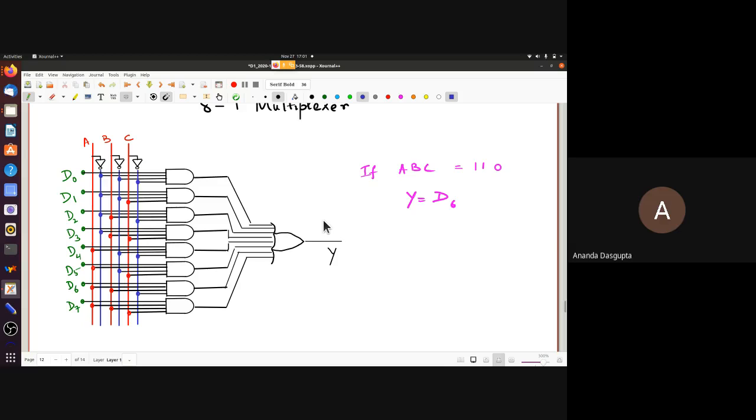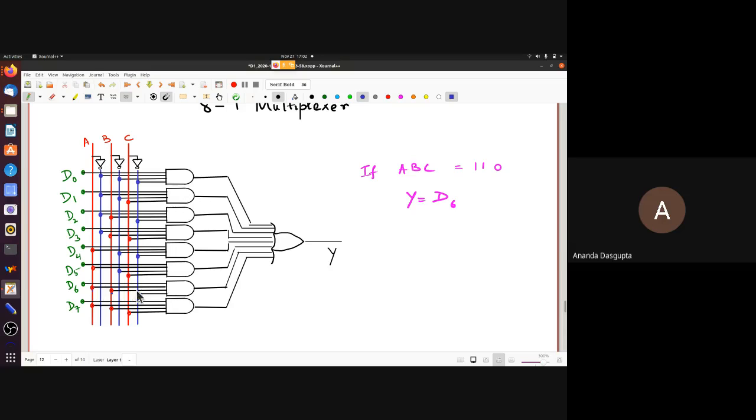So what happens here? If ABC, whatever ABC I give, is 110, let's say, as I've written, then if you look at the line marked D6, whatever D6 you have given, that's fine. This connection is 1, and this connection, which is going into this AND gate, is actually 1, because C is 0, so C bar is 1.